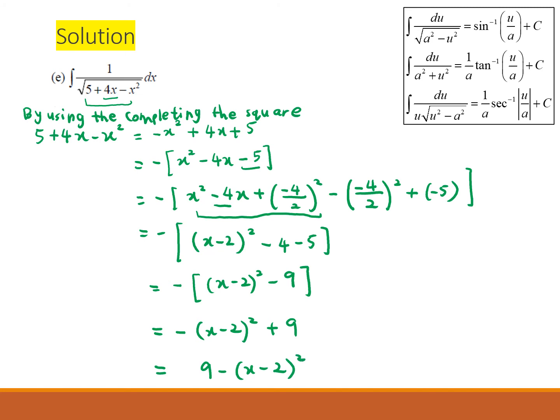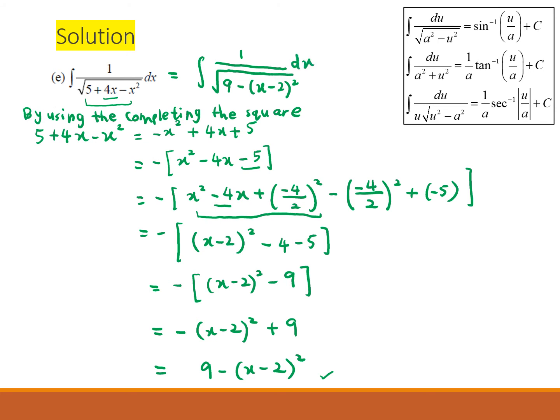Okay, now we have simplified the inside equation into this form. So we can rewrite this integration as 1 over square root of 9 minus x minus 2 squared dx.